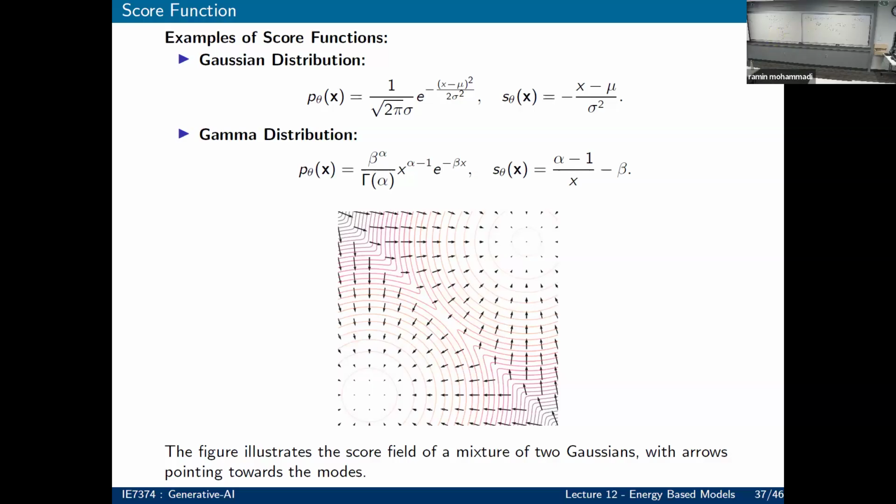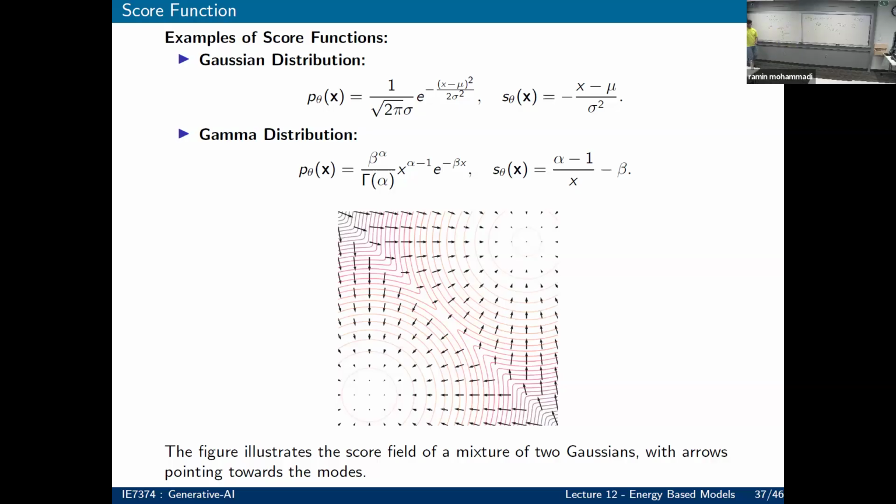Now, to understand the image, let's assume you have a mixture of Gaussians. You have two Gaussians together, one on the right corner, one on the left corner. Unfortunately, the color is not that obvious. What you will see are contour lines.